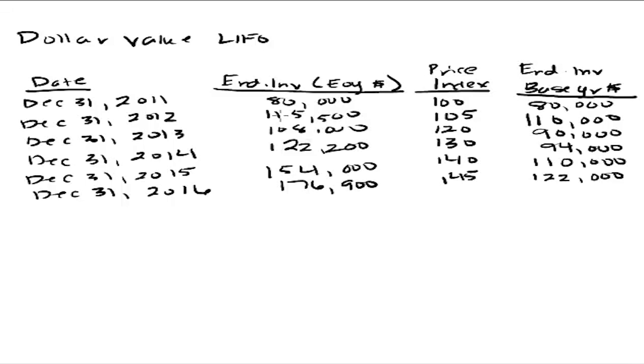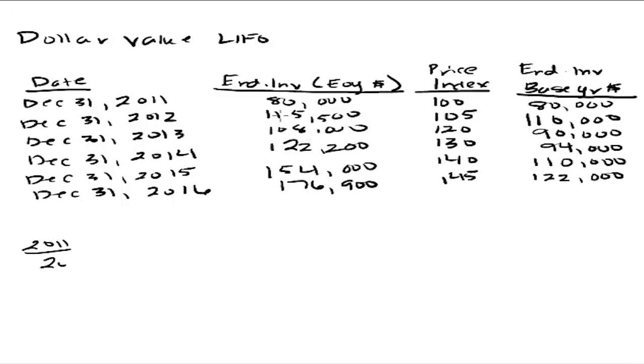So let's do our actual layers over here, each year. 2011. Well, that was the beginning year, so we really only have one layer because it's the first year, so you can't have more than one layer. So we just have 80, but I'm going to set this up kind of like we would. You can do this different ways.